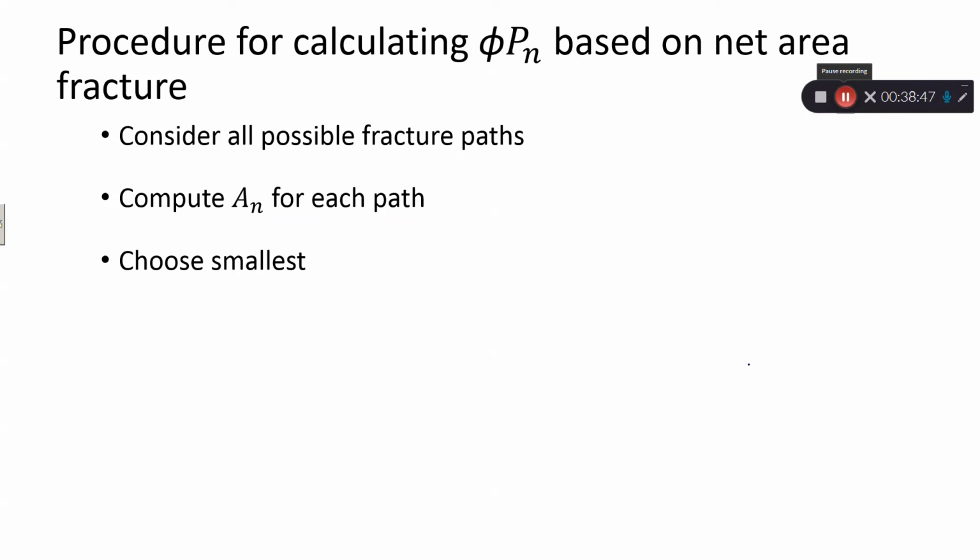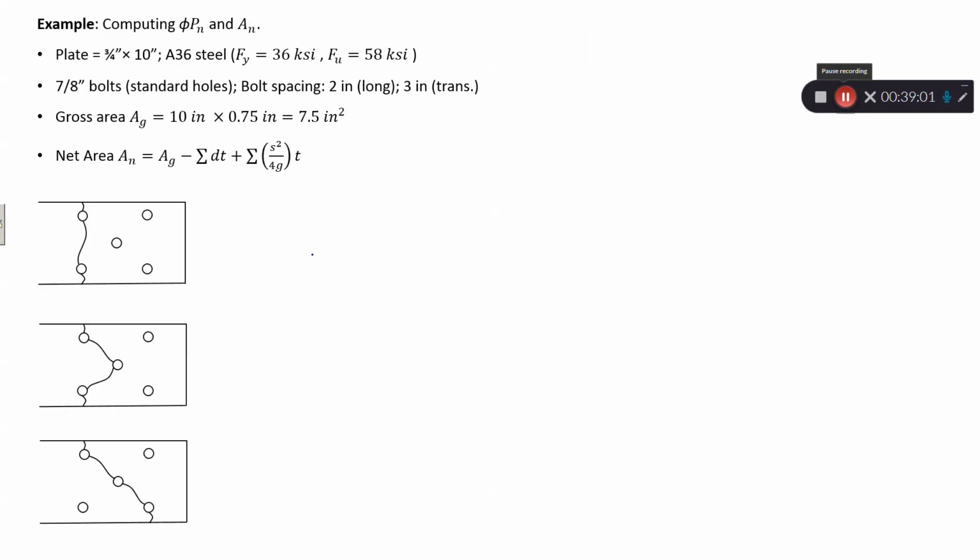Okay, the procedure for calculating the strength based on net area fracture. We have to consider all the possible fracture paths, compute AN for each path, and choose the smallest AN. Now here is an example, computing the strength for this pattern.